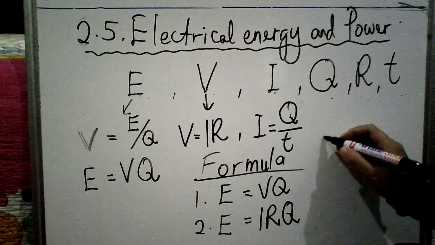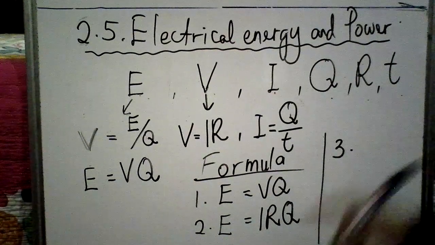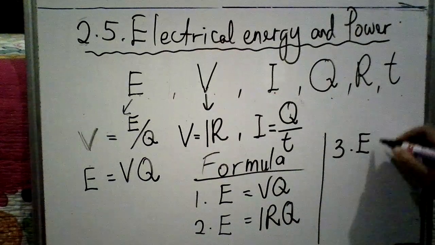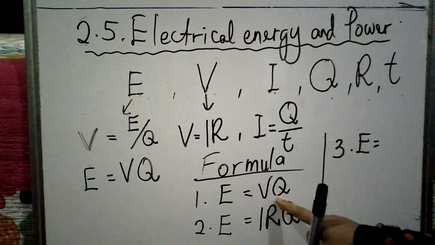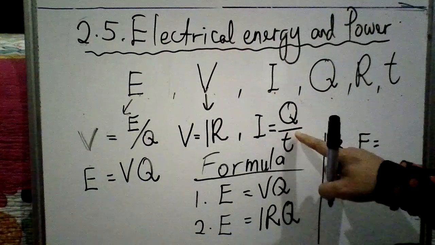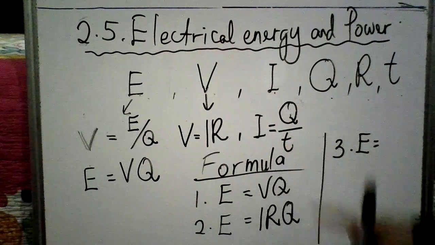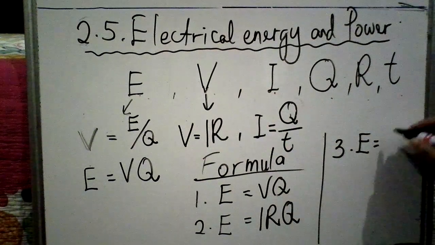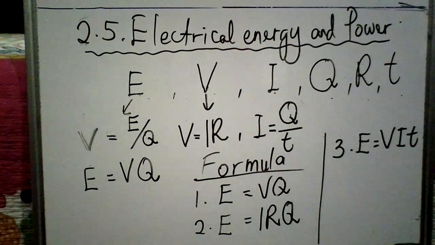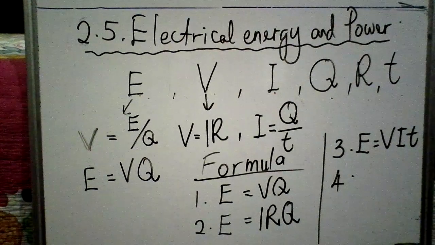Okay, the third formula, from the same formula, E equals VQ, the Q is substituted with IT. From here, I equals Q divided by T, so meaning Q equals IT. So substitute here, and we get VIT. Okay, the fourth one.